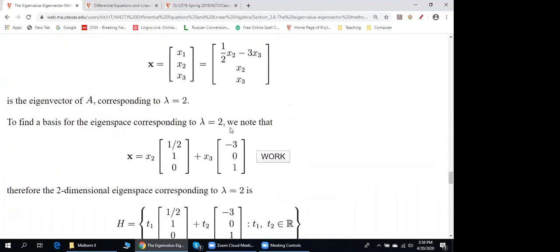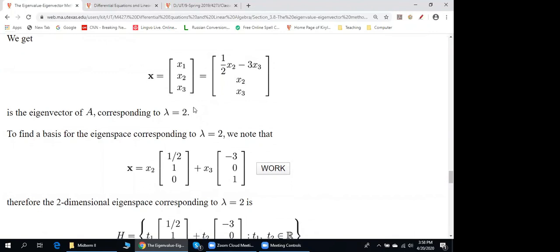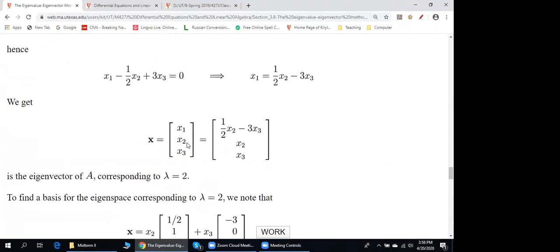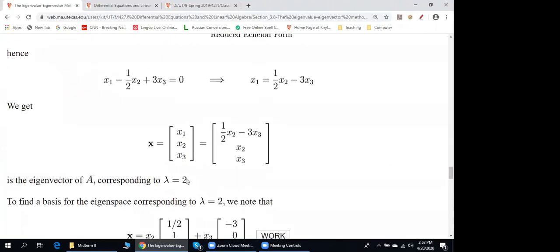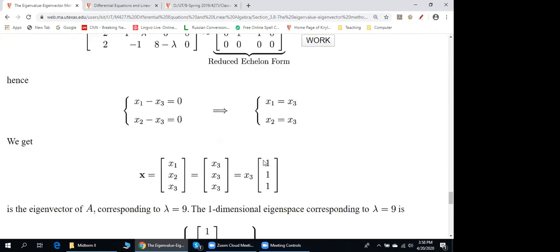Particular solution number 1 will be e to 2t times this vector. Particular solution number 2 will be again e to 2t times the second vector. Lastly, particular solution number 3 will be e to 9t times this vector. Done. I see. Thank you.